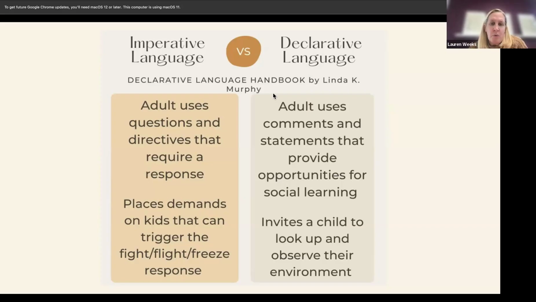One of the reasons we want to use more declarative communication, beyond helping them become social problem solvers and expanding their flexibility and perspective taking, is that an imperative statement is very rigid and very black and white.